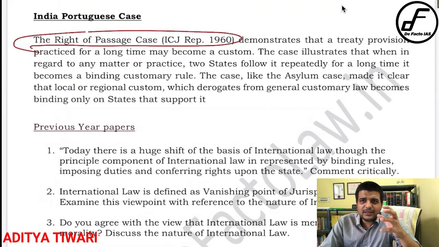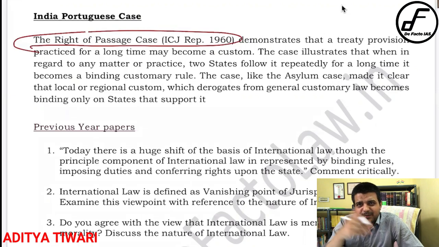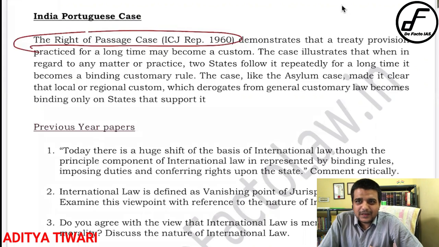Now, with the Marathas, there was a treaty with the Portuguese that they would be allowed certain passage in the Maratha territory. It passed to the Britishers, and the Britishers also allowed it. Now, once it passed to the independent government of India, they refused to allow it. Now, the question is whether that custom of allowing has become part of international law, and can India refuse it? That was the question.